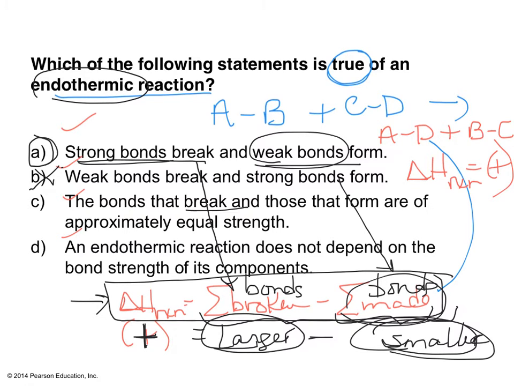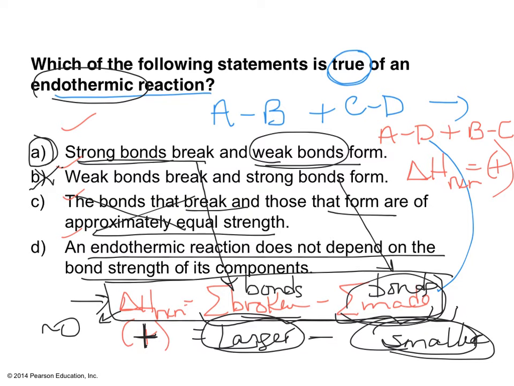The bonds that break and those that form are of approximately equal strength. No, because if they're approximately equal, delta H reaction would be about 0. Okay? An endothermic reaction does not depend on the bond strength. Baloney. This reaction shows you that it depends on bond strength. So the correct answer is A.